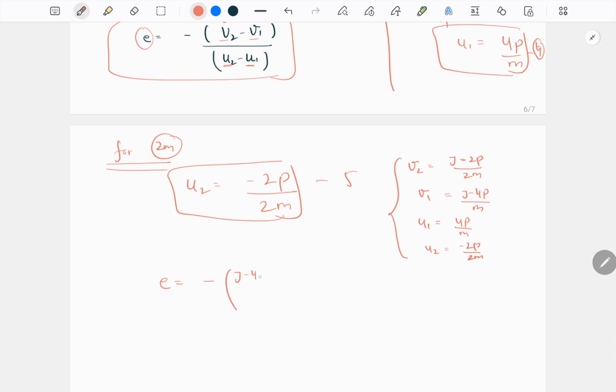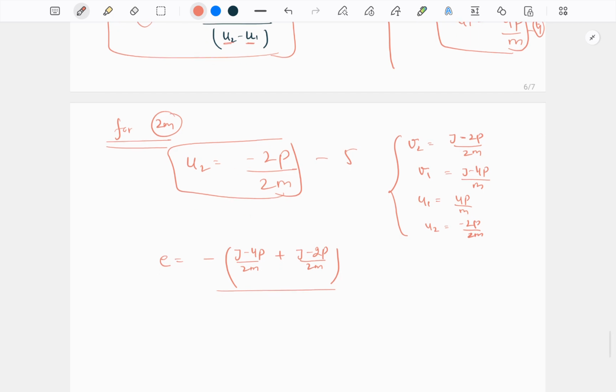So it will be j minus 4p, that is v2, by 2m, and plus v1, which is j minus 2p by 2m. Negative we already considered, so it will be like this. Now we have to put the values of u2 and u1. u2 is 2p by 2m minus 4p by m.